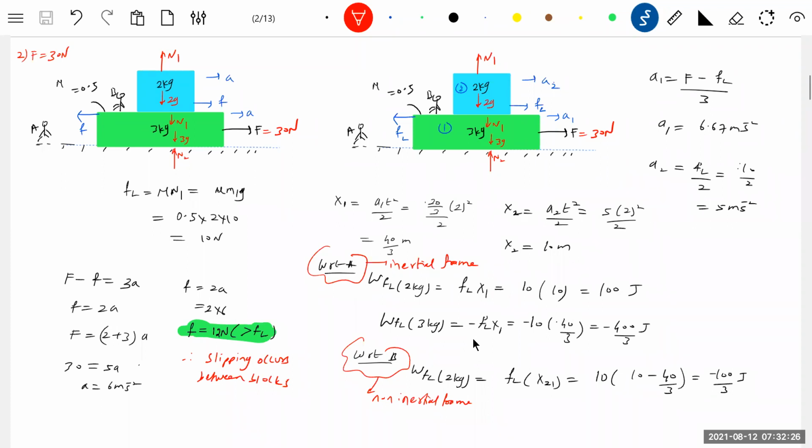Sir, we have to not calculate for the 3 kg block, sir. I just wanted to tell you, if you are interested, you calculate. Okay, sir. In non-inertial frame, net work done by friction is 0, sir.